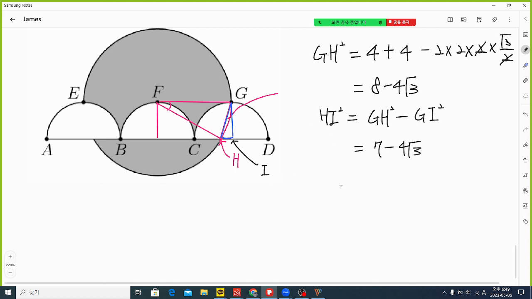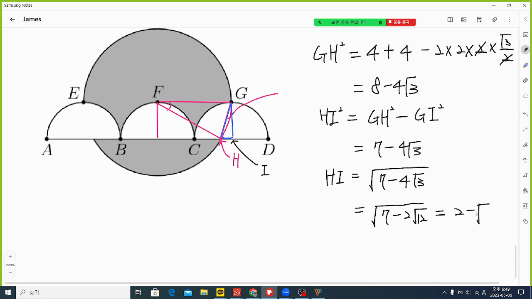So if we take the square root, that's equal to 2 minus square root of 3.